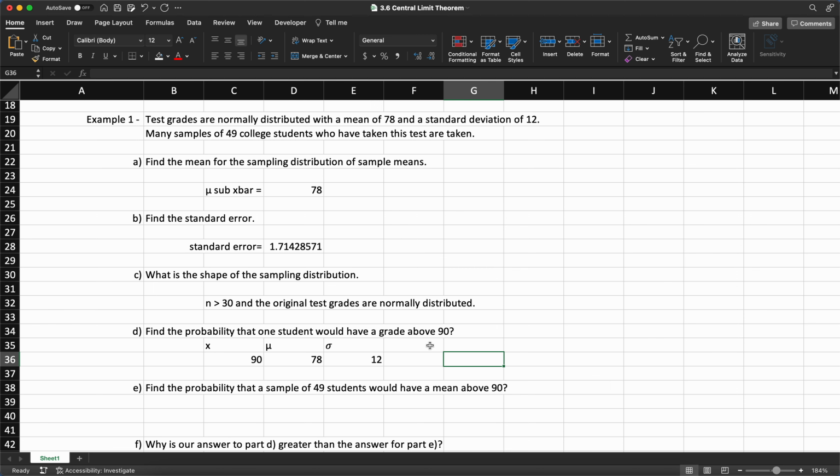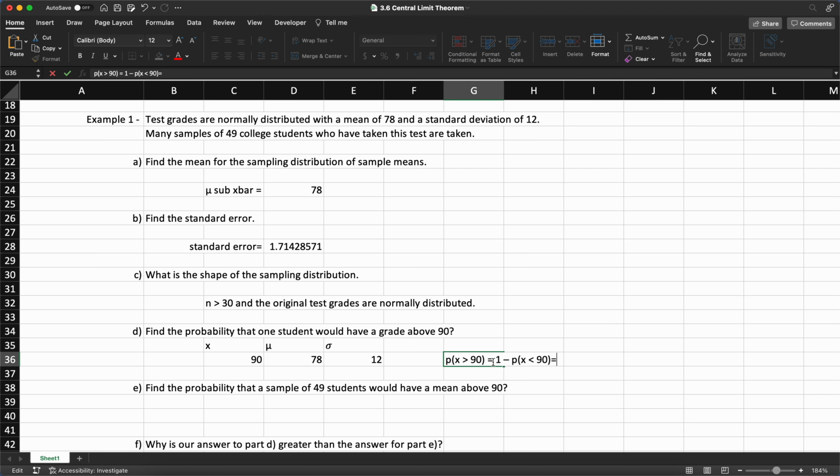So to find the probability that one student got above a 90 is the same thing as 1 minus the probability that a student got less than a 90.